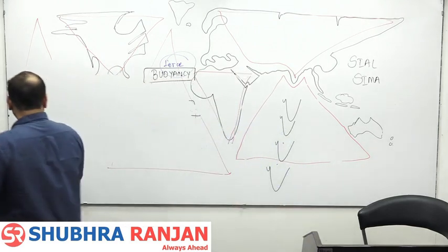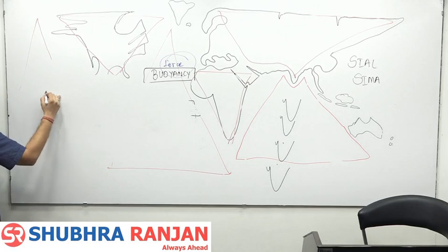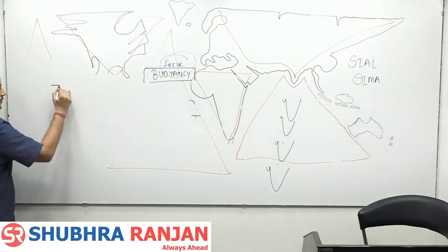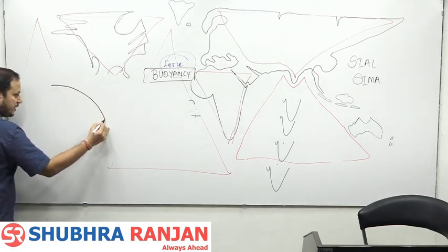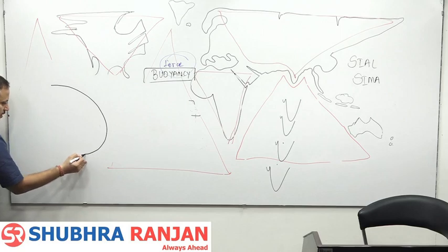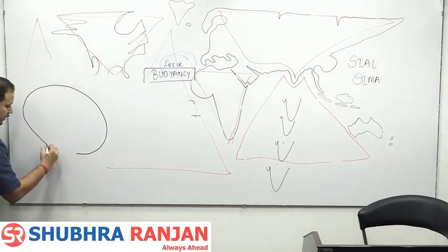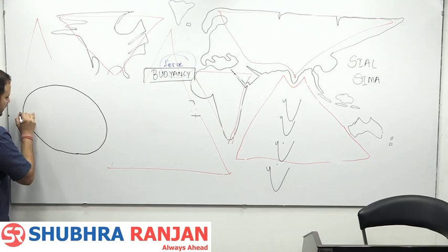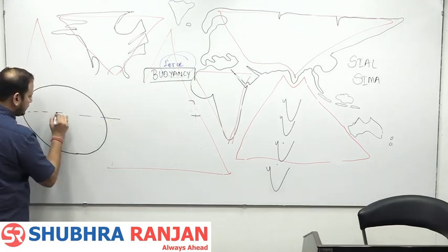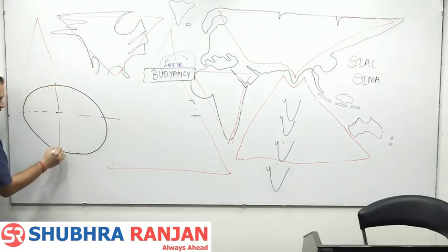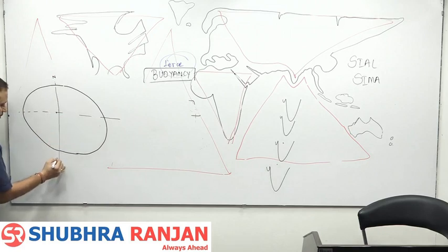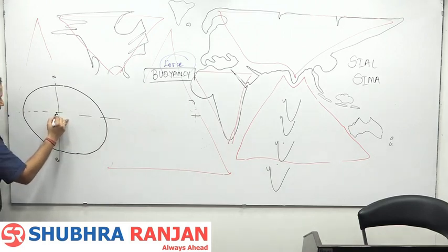Those who are getting doubt about the gravitational force, see, the earth is flat, then it bulges at the equator, and then again the earth is flat. This is how it bulges at the equator. This is the center of the earth. This is the north pole and the south pole, and this is the center.